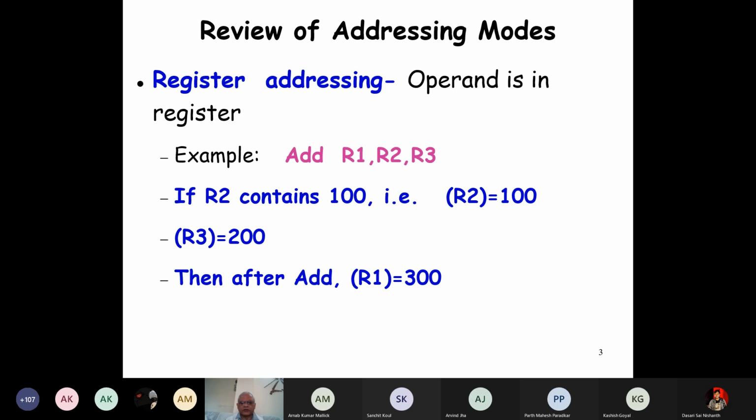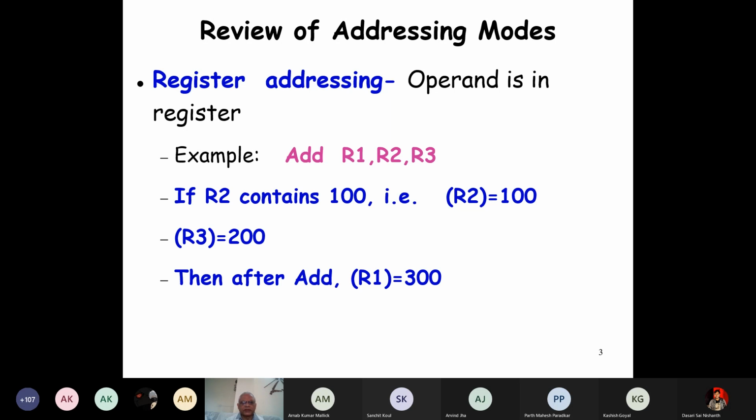We'll write small code. Given a high level program, we'll try to write the equivalent assembly code, and that way we'll understand the instruction set architecture of a processor. And as I said, once you write assembly code for one processor, you will be able to write for any processor assembly code with a little bit of effort.